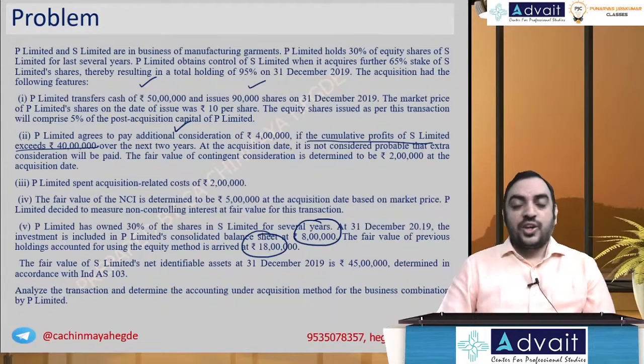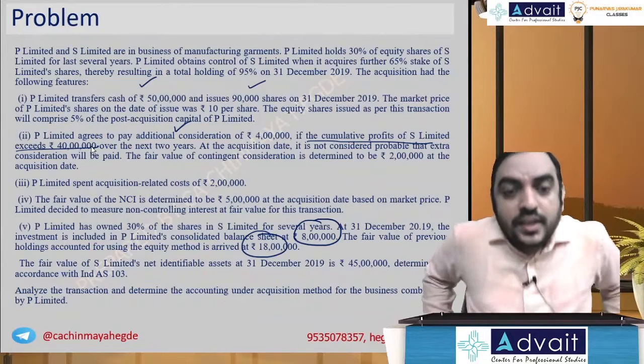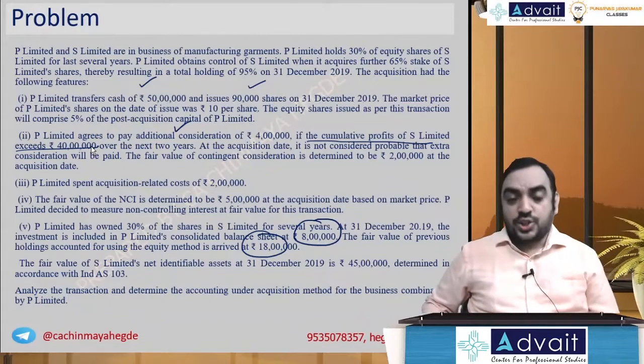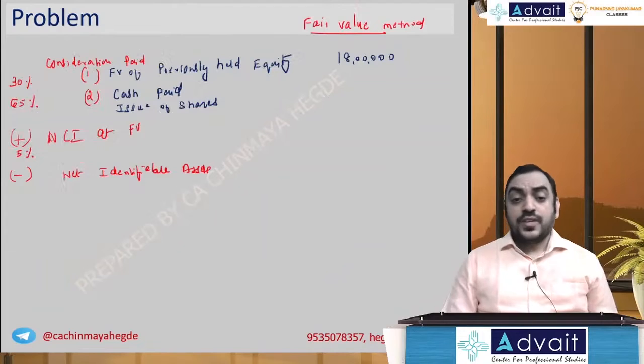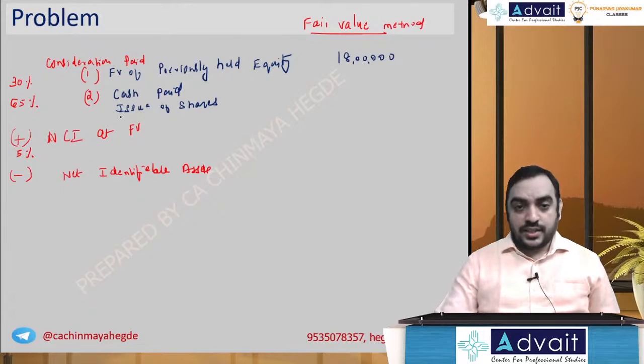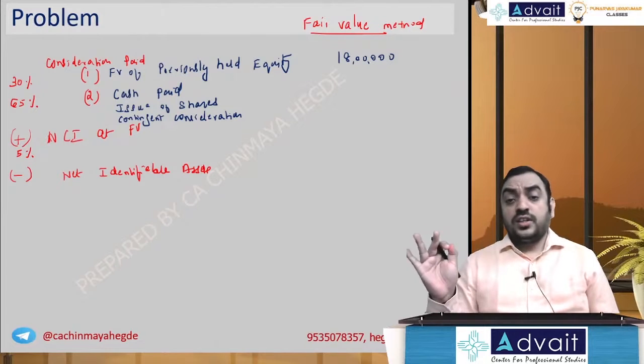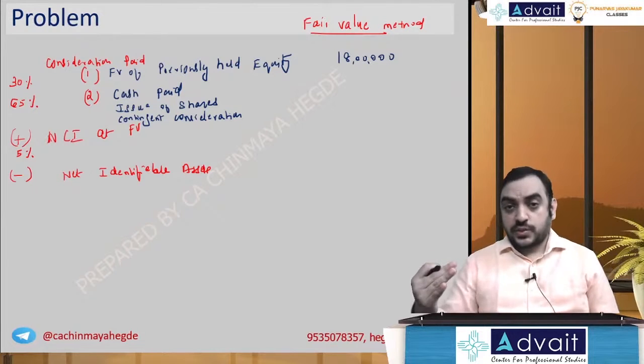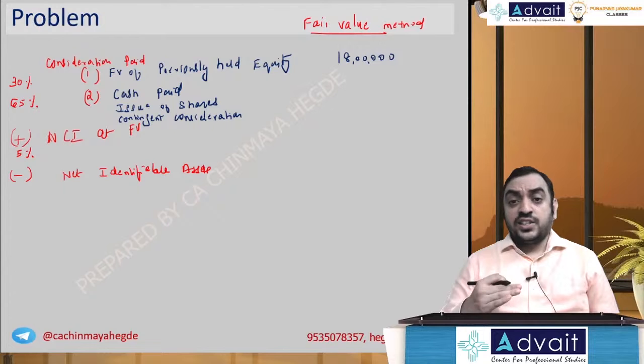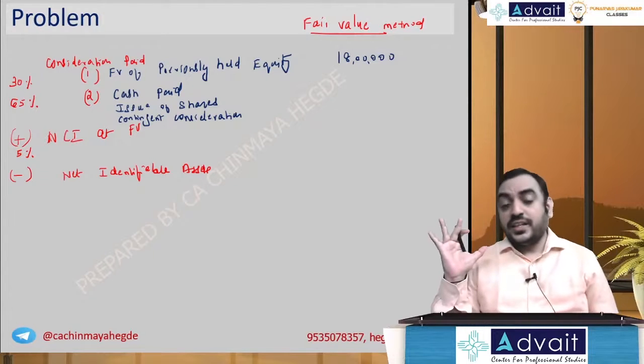Therefore, because it is uncertain, we will call it contingent consideration. Contingent consideration should be valued? Yes. You don't wait for certainty to take place. You will value the contingent consideration on a fair value basis.